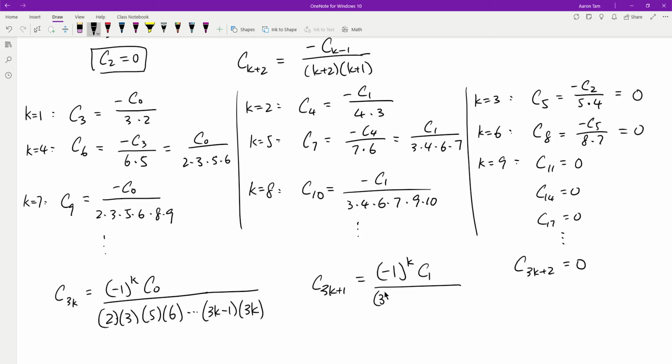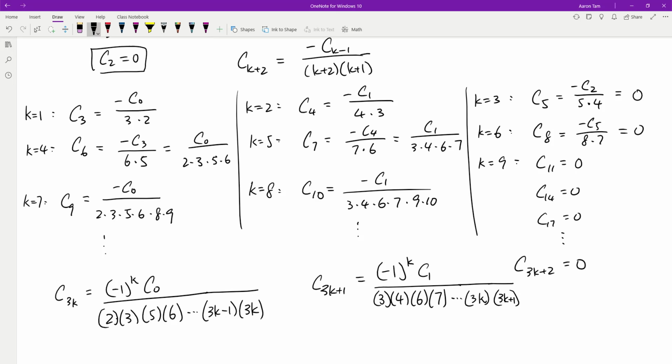On the bottom will be 3 times 4 times 6 times 7, dot dot dot. Once again, I need the two things that multiply. It shouldn't be too hard to see it's 3k plus 1, because the last number in the multiplication matches the subscript in our c. So if our subscript is 3k plus 1, our last number in the multiplication should be 3k plus 1, and the term before that is 3k.